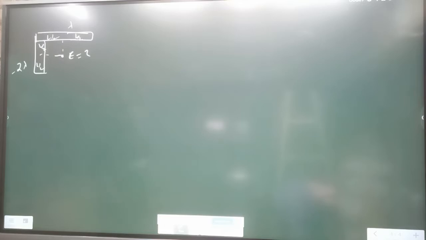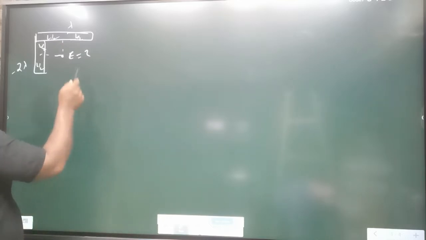What are theta 1 and theta 2? Because the distances are equal, this becomes like a square.